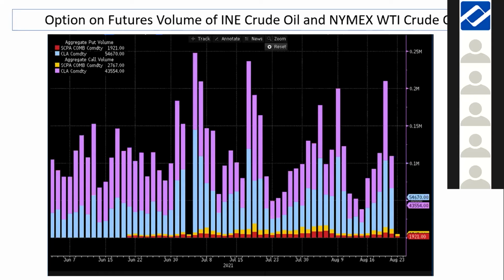So you can see the WTI options have a lot more volume than the INE options do, but you can also see that the INE options just started in June. They're really young and just getting started, and we're starting to see some days where there's some good volumes coming through, and I'll show you that in a minute as well.